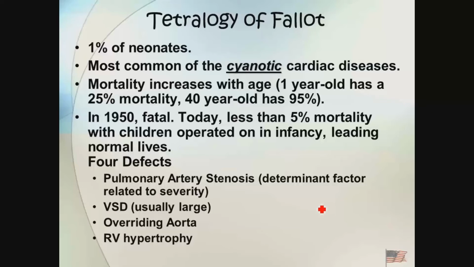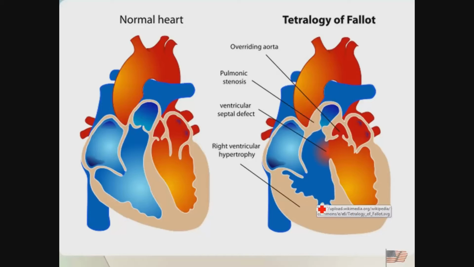You just have this one big vessel hanging over both ventricles. We're going to call that an overriding aorta. And because you have that pulmonary artery stenosis, you end up having right ventricular hypertrophy because it's got to pump against a valve that's very narrow. So pulmonary artery stenosis, VSD, overriding aorta, right ventricular hypertrophy.